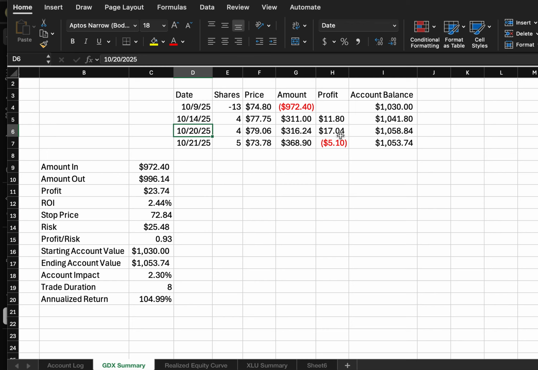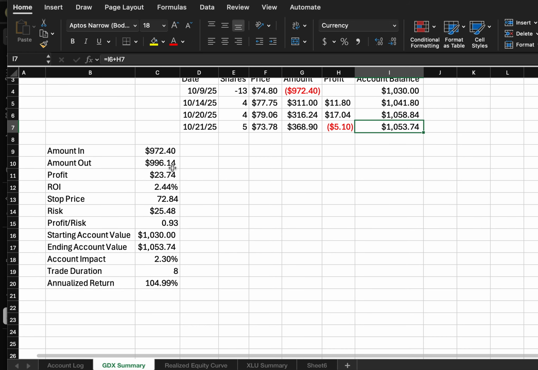Then on October 20th, I sold 4 shares and made a profit of $17.04. And I got stopped out of the final 5 shares for a loss of $5.10. This is how my account balance went. Remember, we started at 1,030, and the account ended up at $1,053.74 at the end of the trade.